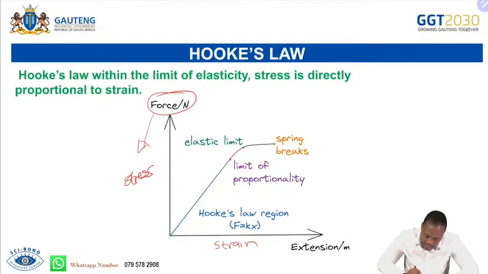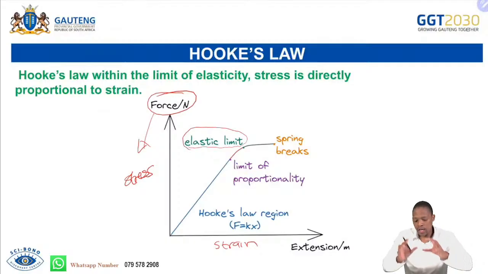This is only directly proportional within the limit of elasticity, within the maximum force that can be applied so that the object can regain its original shape and size on removal of the force, if you remember that elastic limit. Within that elastic limit, the relationship between the stress and the strain will always be directly proportional.